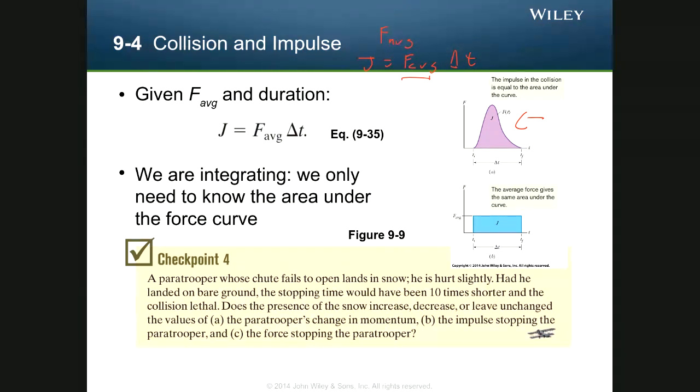So take a look at this equation, and remember also that J equals delta P. Ask yourself what's changing, and keep in mind that we have t snow equals 10 t ground. Okay. So think about what's changing and what's not changing.